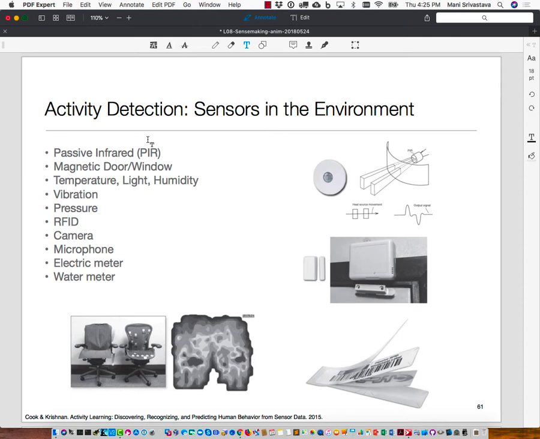So what people usually do to approach this problem is sprinkle or embed sensors in the environment, in the walls and the light switches and the floors and furniture and stuff like that. So you see a whole long list of those things out here. Passive infrared sensors, these you see on the wall in security systems.